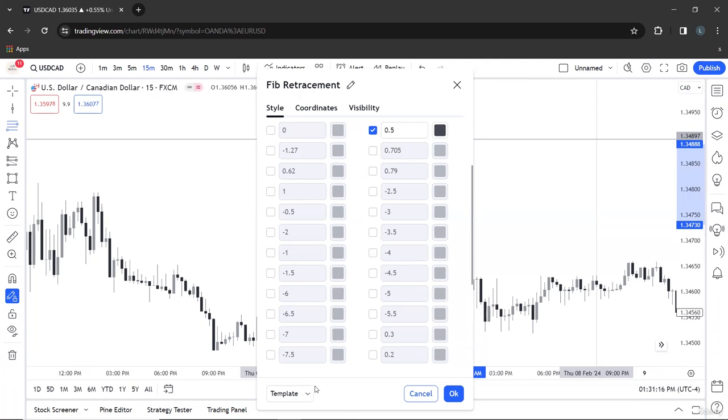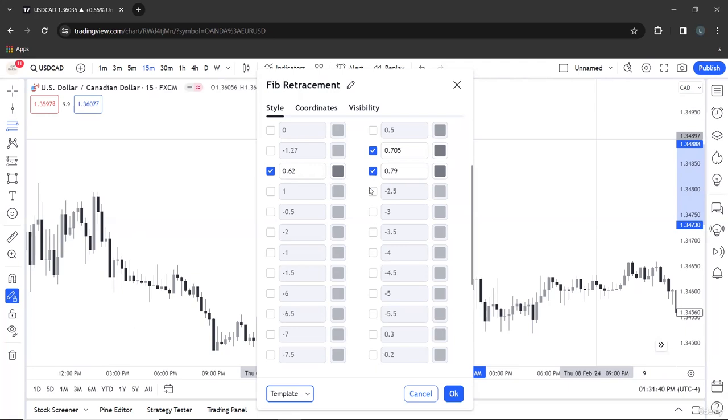But in this case, I want to use my entry levels. This is going to change really quickly. Golden zone entry level area: 0.705, 0.709, 0.62.